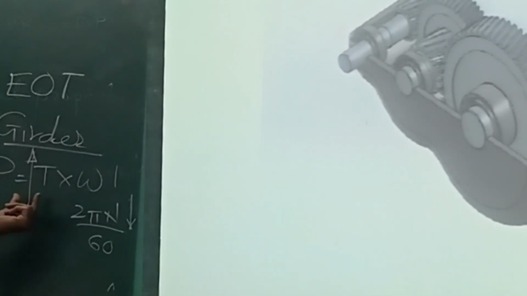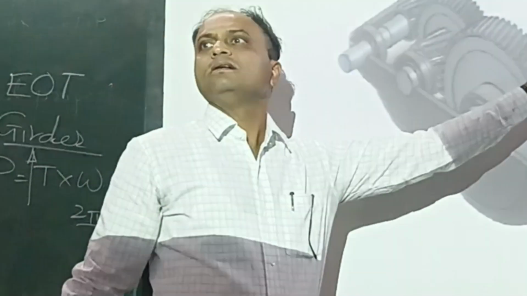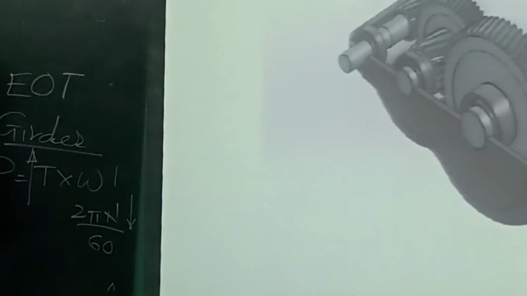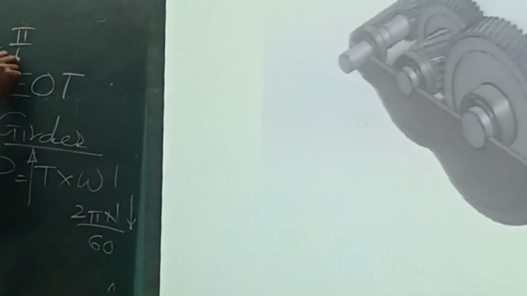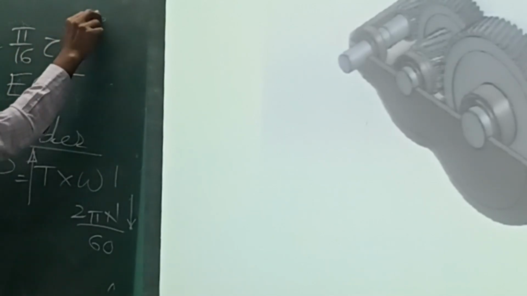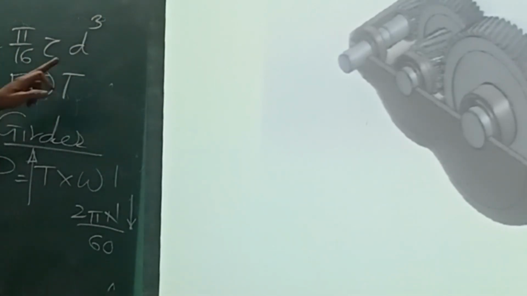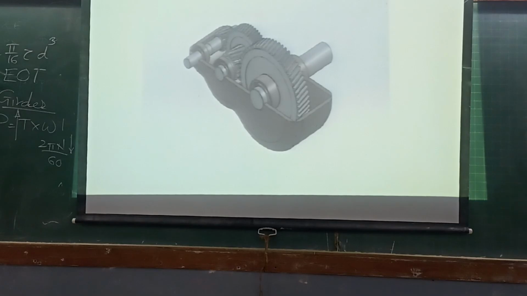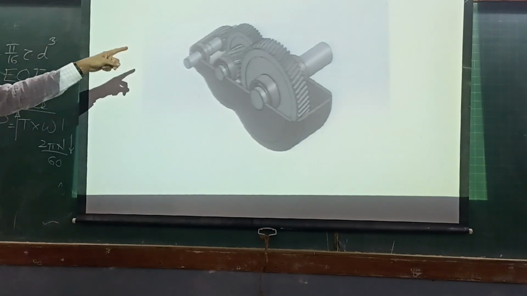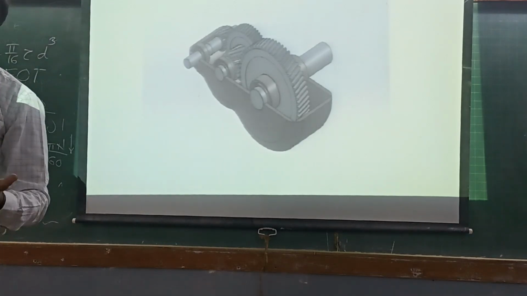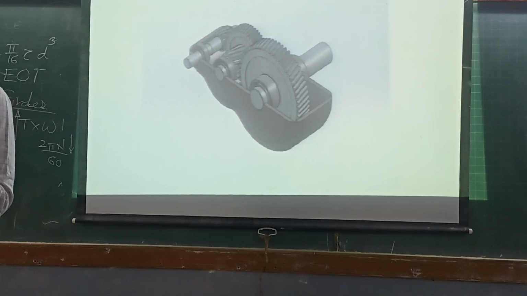And to handle that higher torque, you need a larger shaft diameter, because there is one more relation: torque is equal to pi by 16 tau d cubed. That means the diameter of the shaft is directly related to torque. Is it clear? So the higher the torque, the larger the diameter of the shaft. That's why, and in our design also you will understand, as we go to the output shaft, the diameter of the shaft will go on increasing.